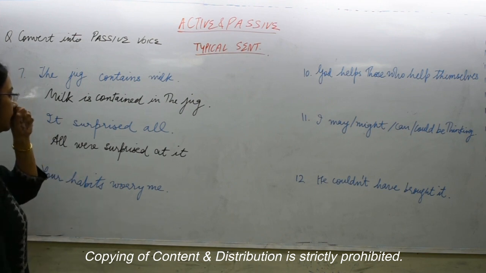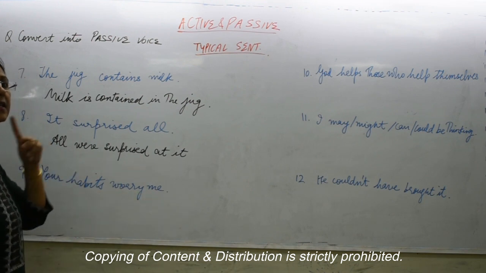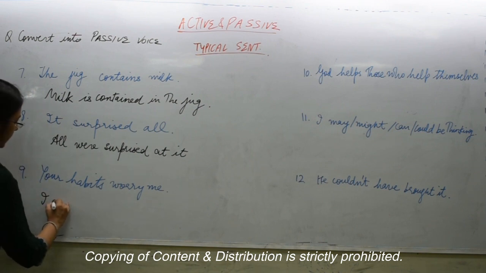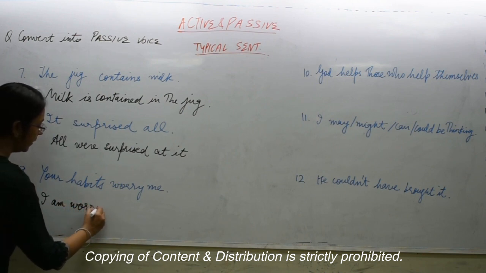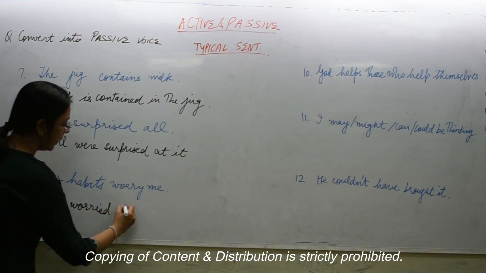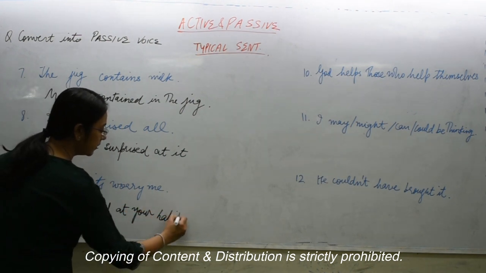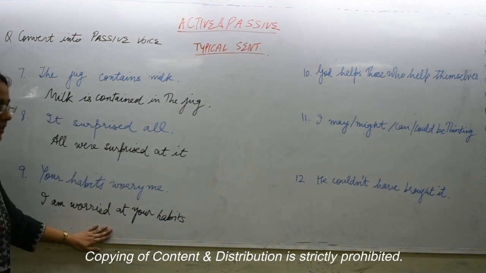Your habits worry me. So, me is going to be converted into I. I am worried will change into worried. I am worried at your habits. We use at over here in conversion of these.